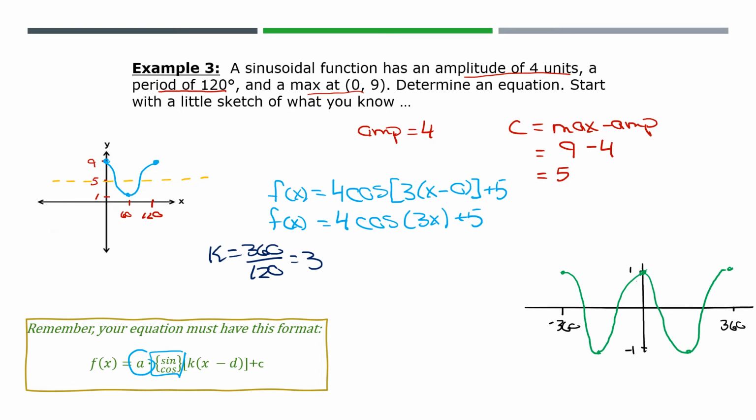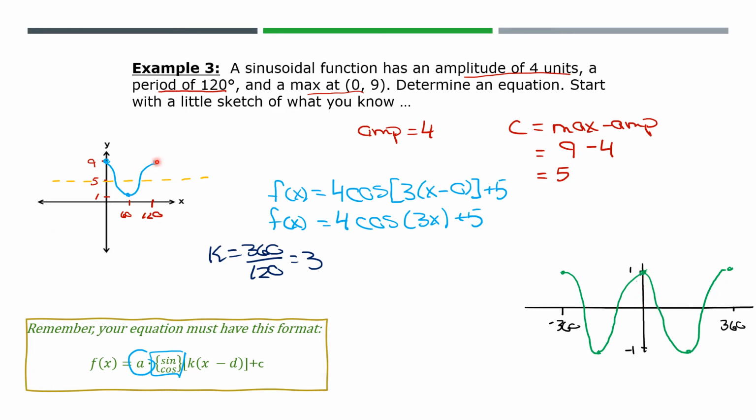That's one equation. There's an infinite number of ways to write equations. I could have also, so I'm going to talk a little bit about the d value here. I could have also used this maximum and said this is actually this point here. So I took this maximum right here at 0. My cos wave has a maximum when my x-axis is 0.